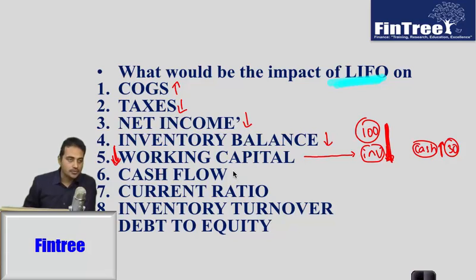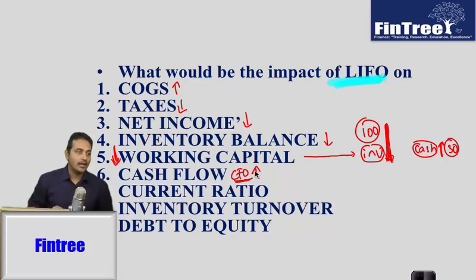How about cash flows? So what would be the impact on CFO? CFO is cash flow from operations. Very nice. CFO would be higher. COGS in a way is a non-cash expense. When you charge COGS, do you pay cash?